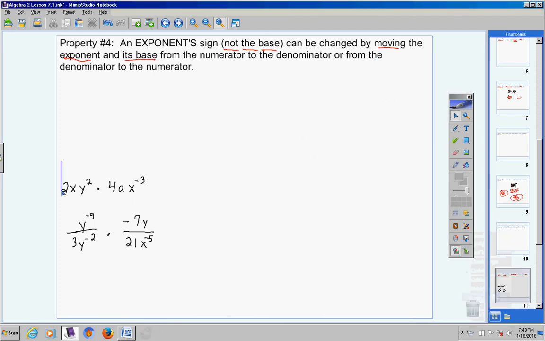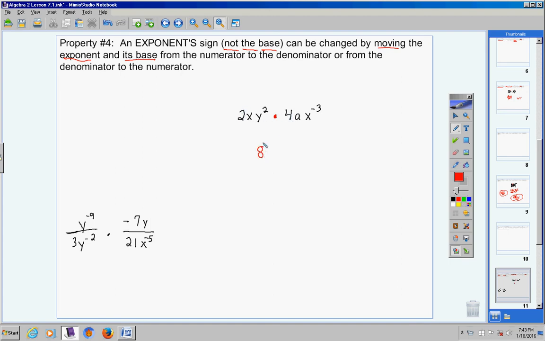Alright, students, let's take a look at this example here. Now, I would not recommend getting rid of your negative exponents right away. Just go through all of your progressions like you should. First of all, we're multiplying 2 expressions together, so coefficient times coefficient, 2 times 4 is 8.